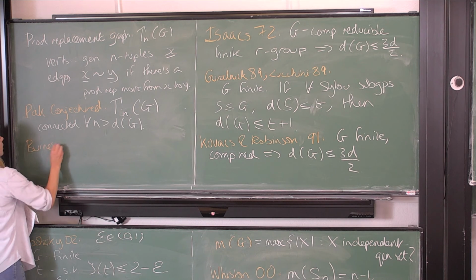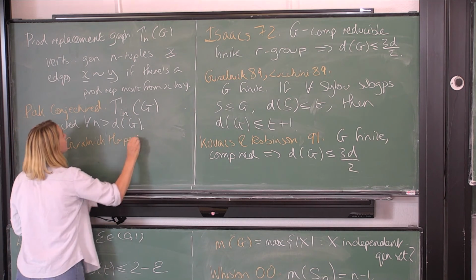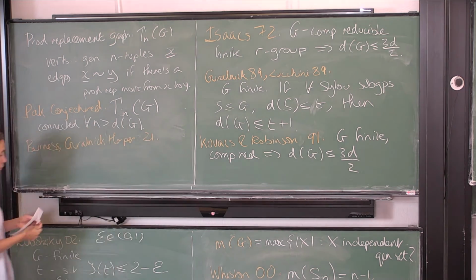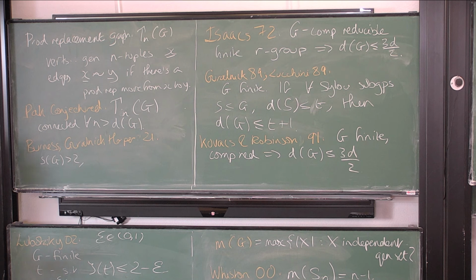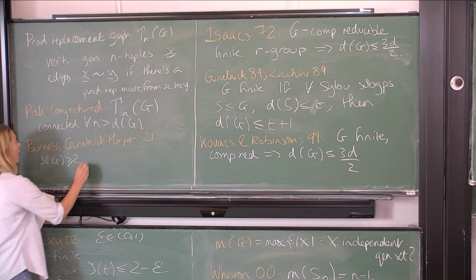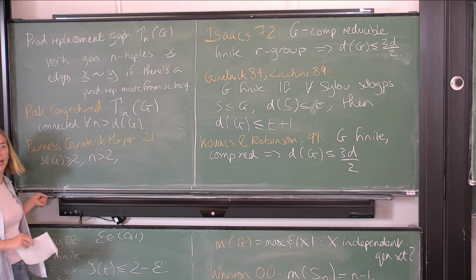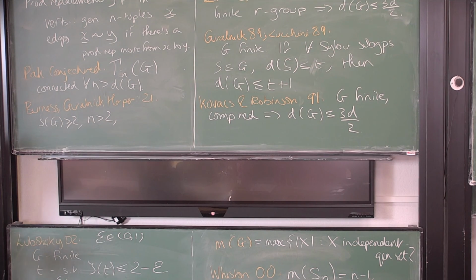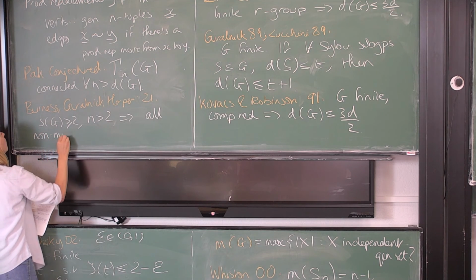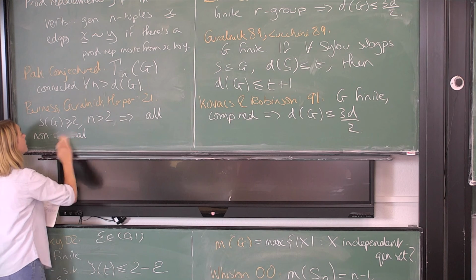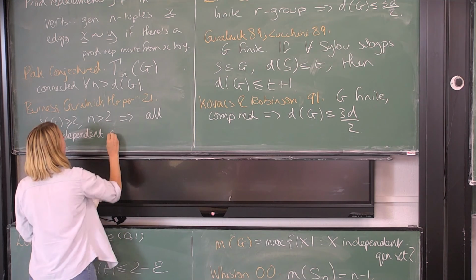So let me finish with another result of Scott's. So Gomez, Guralnick, and Harper, and this comes out of the stuff that Scott's just been telling us in 21, showed that if the spread of a group G is at least 2, and my number of entries is strictly bigger than 2, so I'm not looking at generating pairs, I'm looking at least generating triples, then all non-minimal, tying in the last section, no, non-independent, that's my word, non-independent, generating n tuples of this graph.